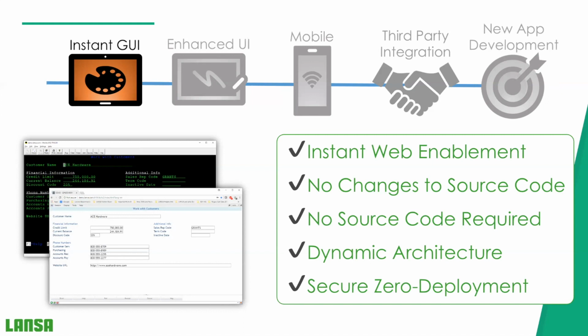Also, Axis doesn't need the source code. It uses the 5250 data stream. So that package you bought 19 years ago that didn't come with the source code, well, you can get it modernized too. And Axis has a dynamic architecture, which means application changes can be reflected immediately without any action on your part, eliminating double maintenance.